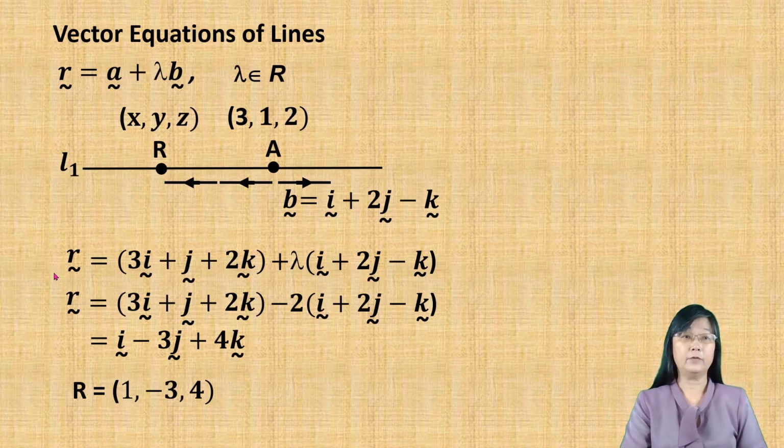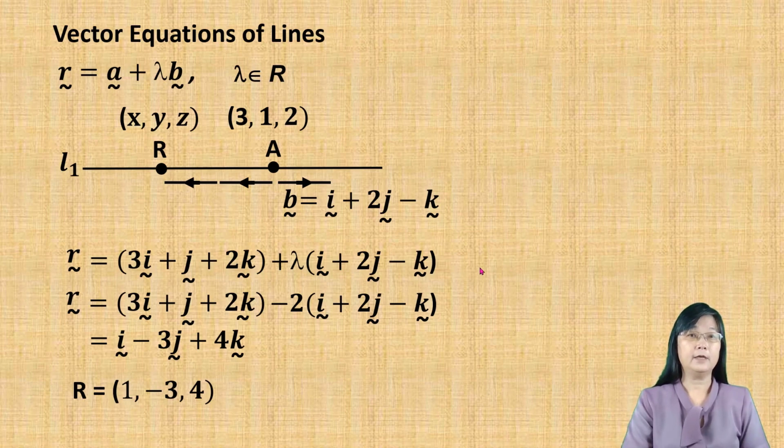So generally when writing the vector equation of a straight line, we need to know the position vector of a point on the straight line and the direction vector of the straight line. The lambda, we leave it unknown, so that the vector equation represents all the points on the straight line.